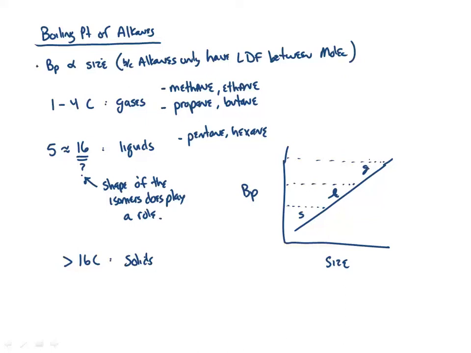So really for alkanes, the only thing that matters is London dispersion forces, and so really size is the only thing that we can really look at that's entertaining. We can take a little look at shape. So for instance, what we find is that if I have a cycloalkane, they have boiling points that are on the average of 10 degrees to 20 degrees higher than straight chain.